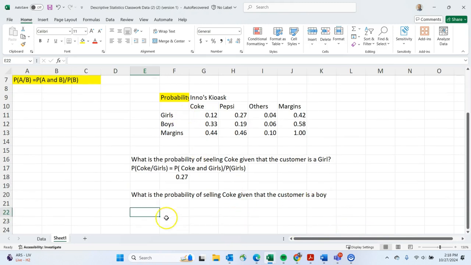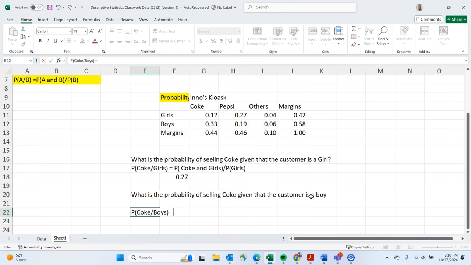So first of all, we are going to take the probability, and you can see our condition is boys. So we have Coke and boys.